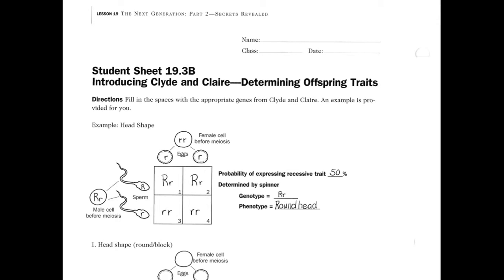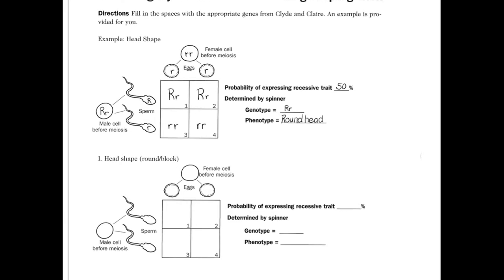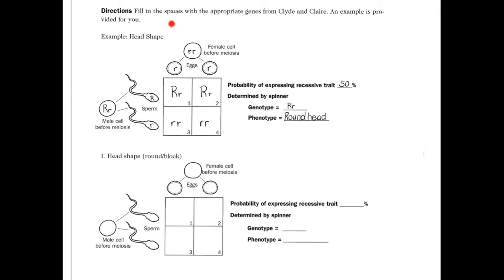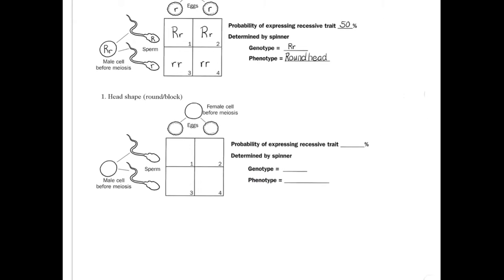So now that we're at the page with the Punnett squares, they give us an example, already completed, and then they give us a place to work for our actual first trait, which is head shape. So I'm going to bring over the genotypes from the first page, and Clyde was the male, and he had homozygous dominant, and Claire was the female, homozygous recessive.